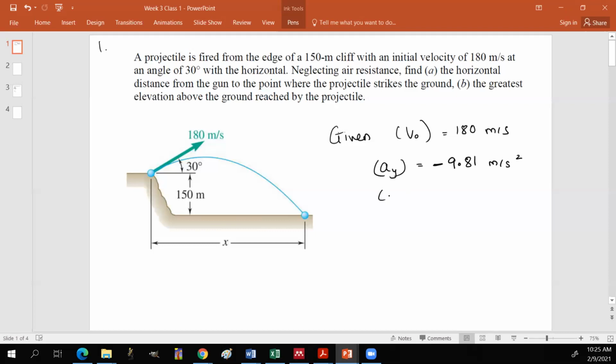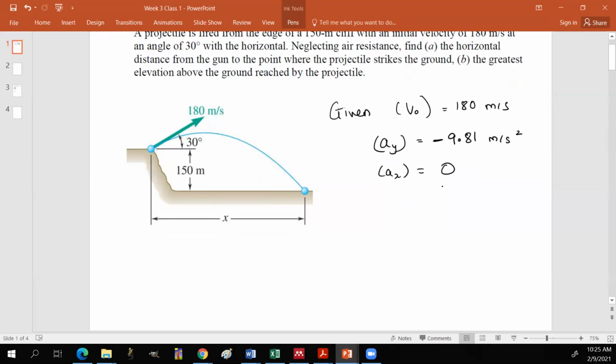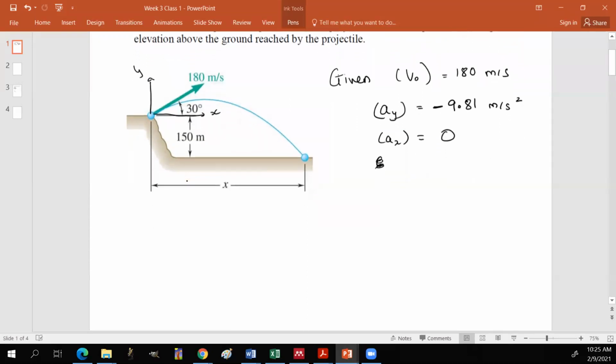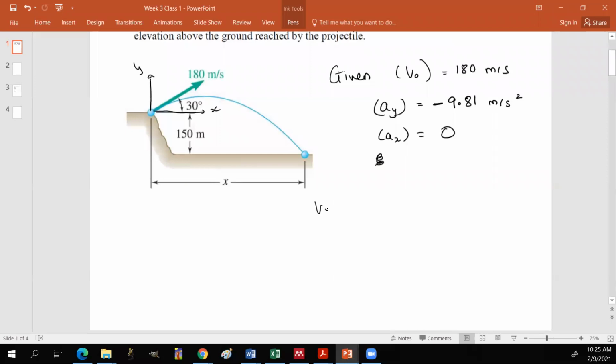And your acceleration in the x direction is what? Zero. And the easiest thing to do is to always define your coordinate system right at that origin, so then you know that it has to travel down by a distance of 150 meters. Okay, so next, let's look at vertical motion.